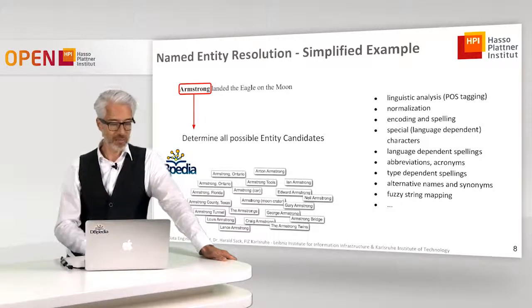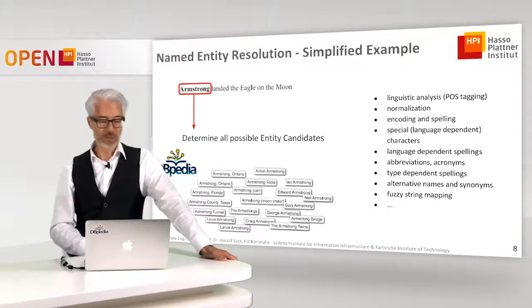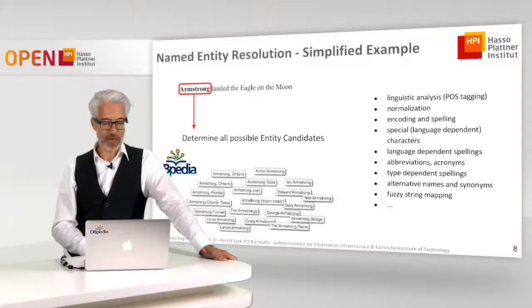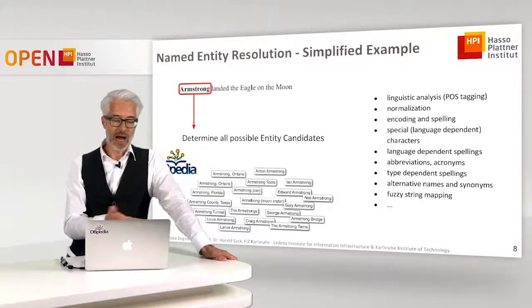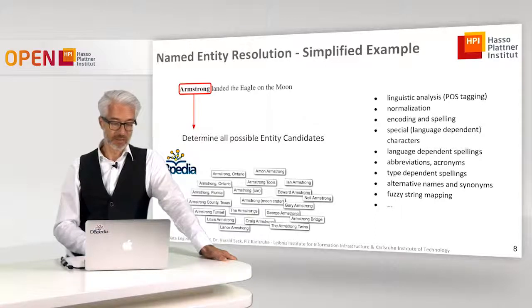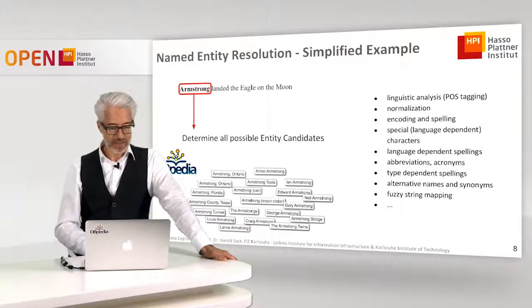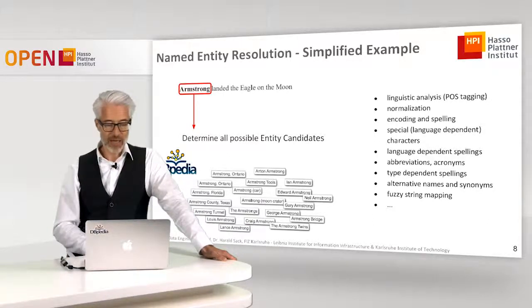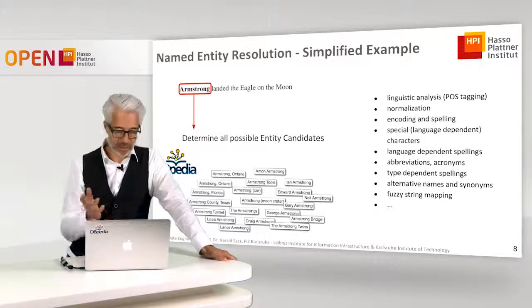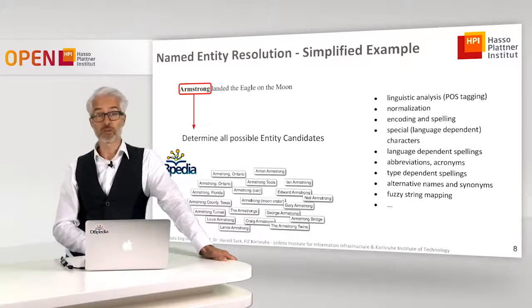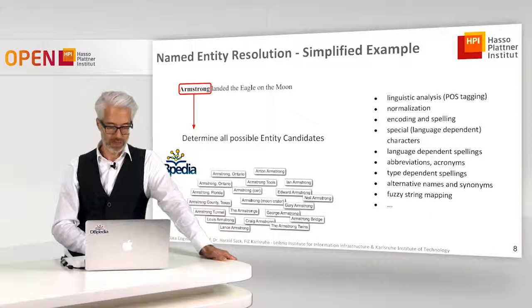So here, for example, for Armstrong, if we look in DBpedia, we might find, of course, Neil Armstrong, but also Armstrong, Ontario, which seems to be a populated place in Canada, or Armstrong, Florida, Armstrong County, Texas, the Armstrong Tunnel, the Armstrongs, Armstrong, a moon crater, Armstrong, a car, or the Armstrong Twins, probably a band.